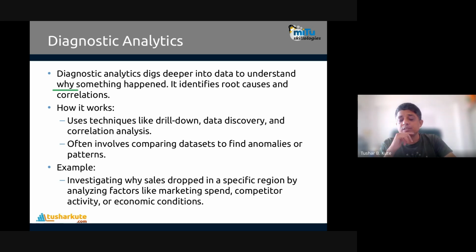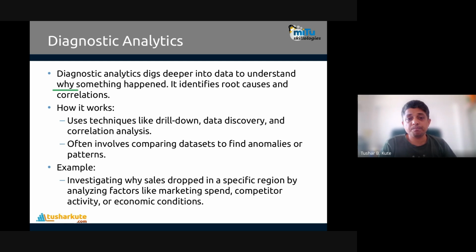Why are they changing? Can we have some correlations? They are correlated with global average temperature. We found that, we have identified it. That's called diagnostic analytics. Even they can compare data sets to find anomalies or patterns present in the data. That is easily possible there.